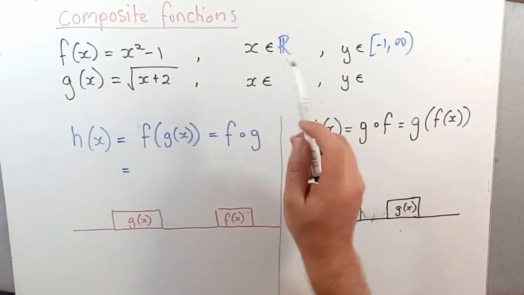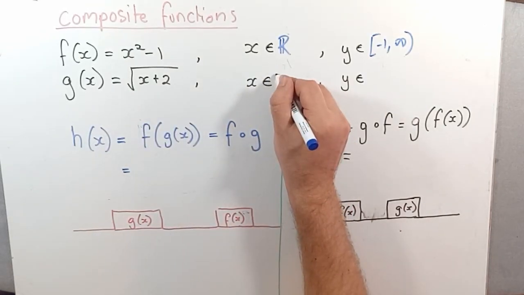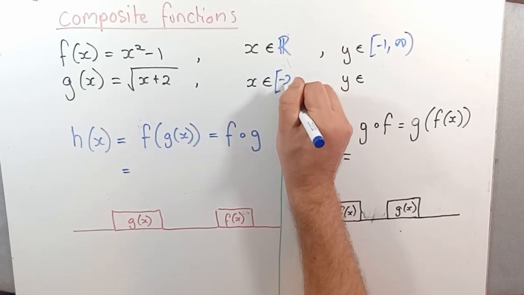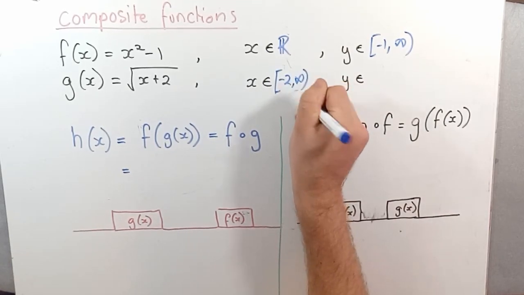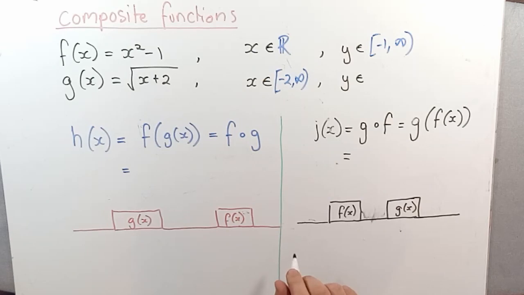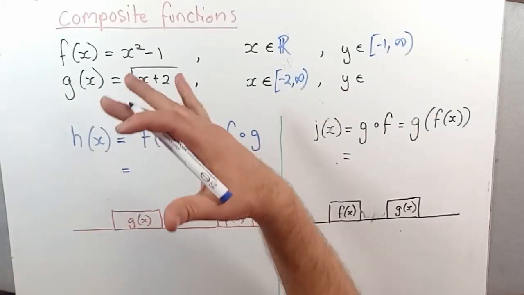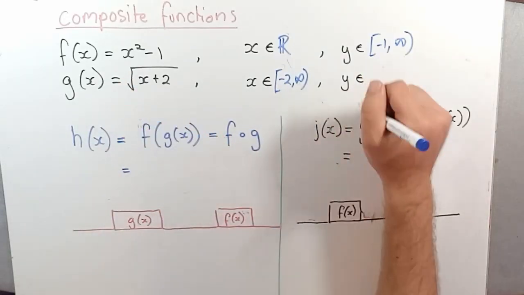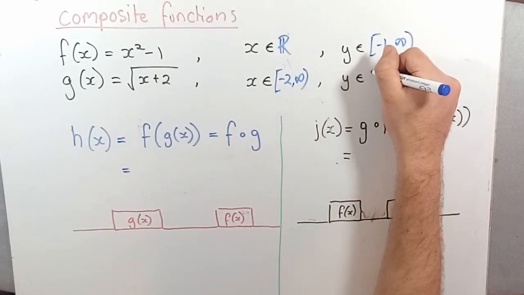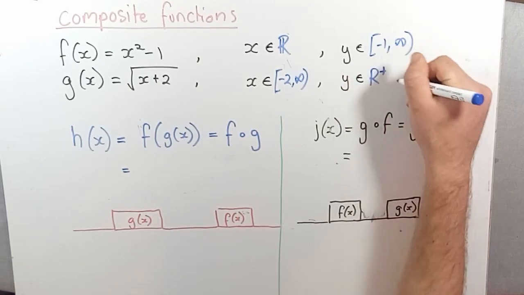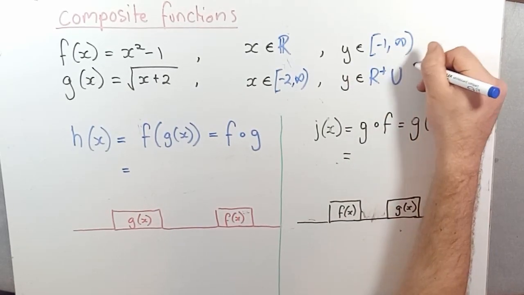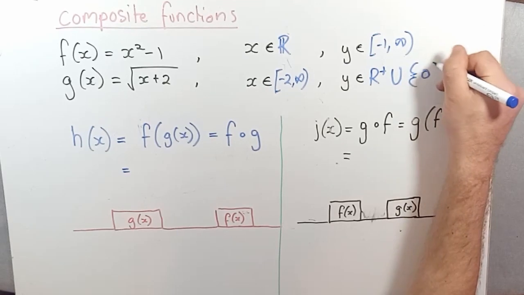So for this one we said x is an element of -2 to infinity. What happens to the y values? Well, the y values are everything on the positive axis. You never get a negative number there, so it's going to be R plus in union with 0.